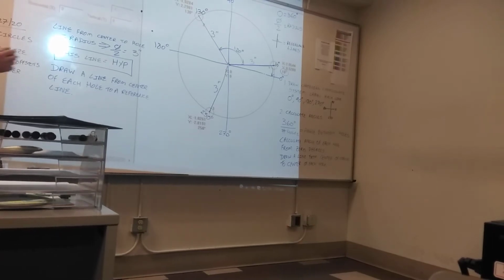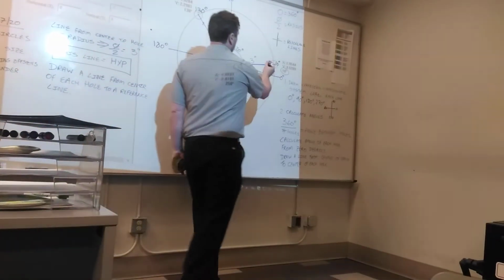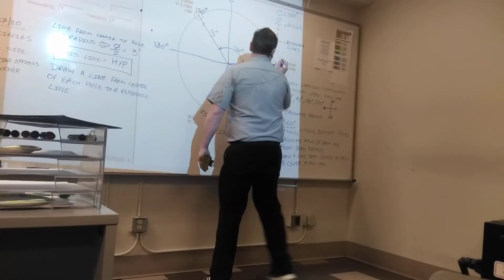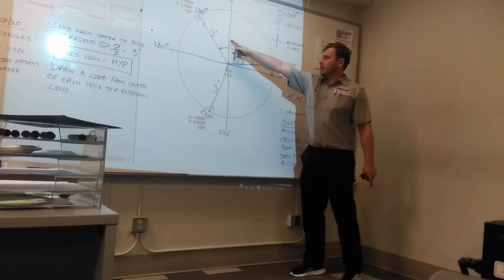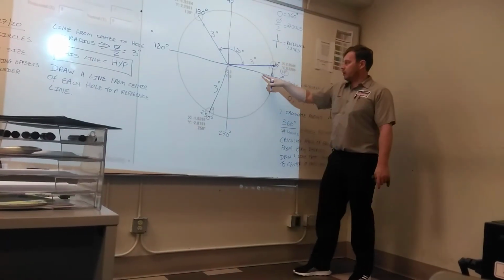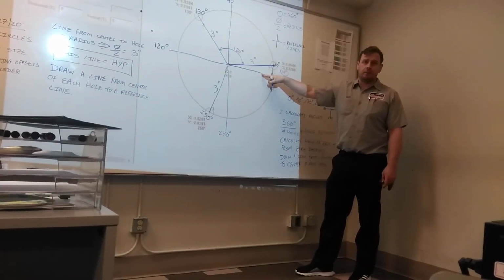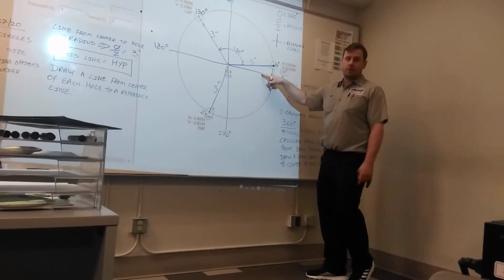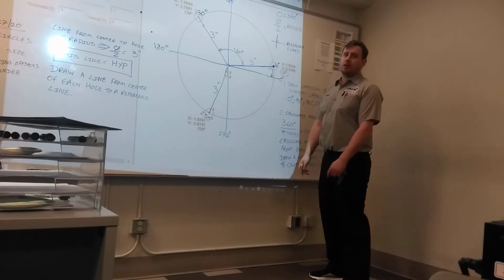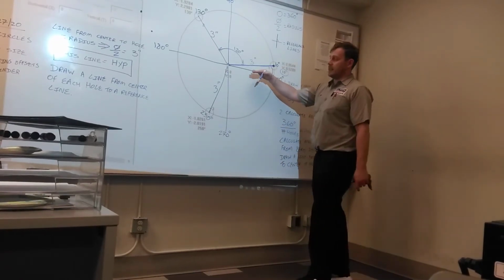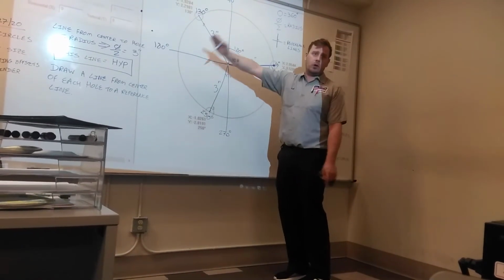So from the center of this hole, you've got 2 choices. You can draw a line to this reference line, or you can draw a line to this reference line. Pick one. Doesn't make a difference. Not the 130. 130 is not our reference line. Our reference lines are 0, 90, 180, 270.